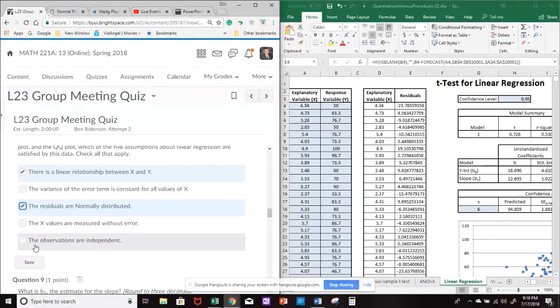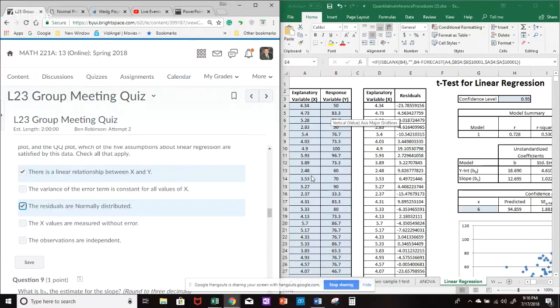No, we can't tell that from what we looked at. And this one here, if you think about it, how do we know that all of this was without error? We have to trust the person that gave us the data.